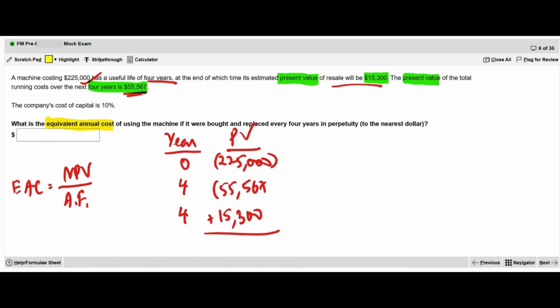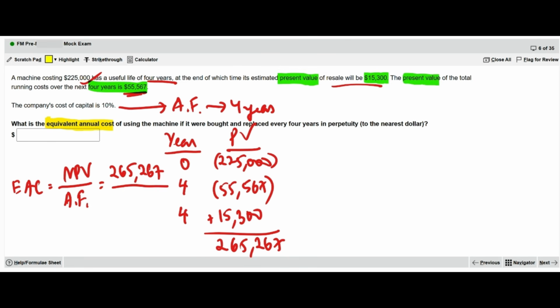So if I total this up, 225, 555, 25,000 will give me 265,267. And my numerator will be 265,267. The 10 percentage annuity factor for 4 years from the annuity factor table will give me 3.17.